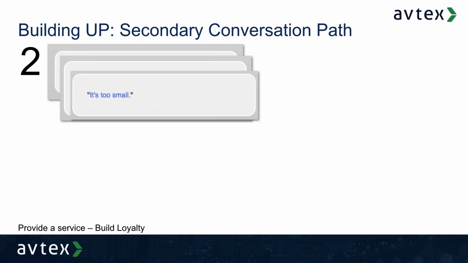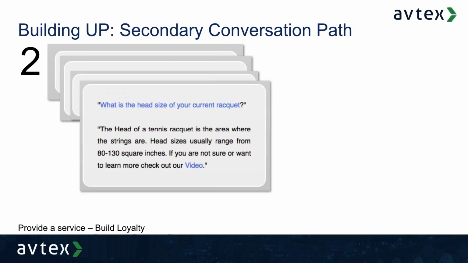If they say it's too small, we know something right now. Okay, we can start taking them down this path where we can discuss the size of the racket, right? If they said, hey, it's broken, then we can have a conversation about what do we need to replace.